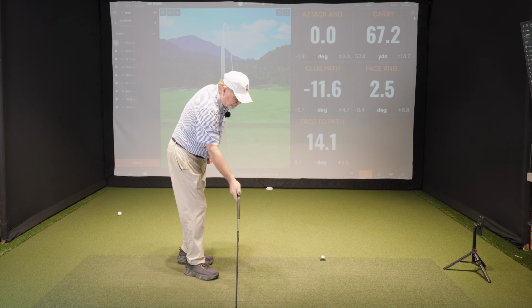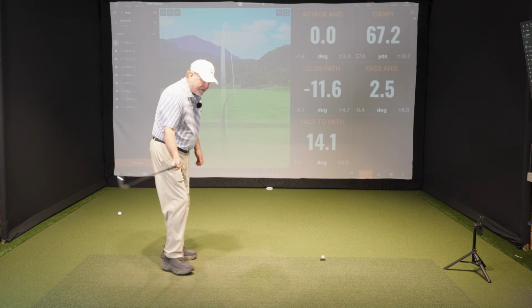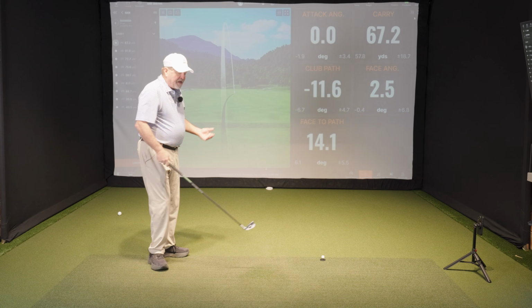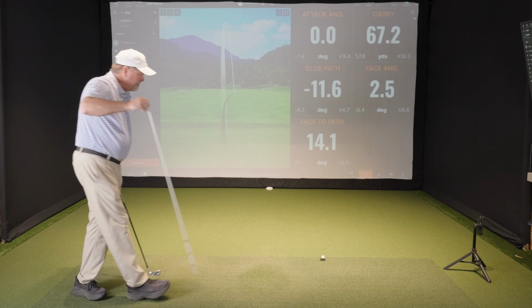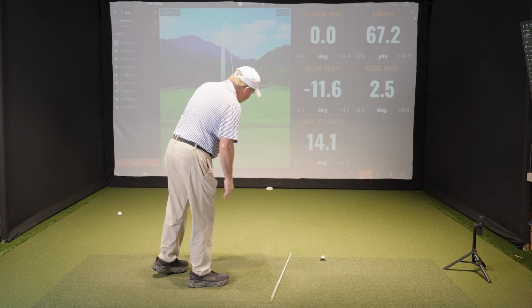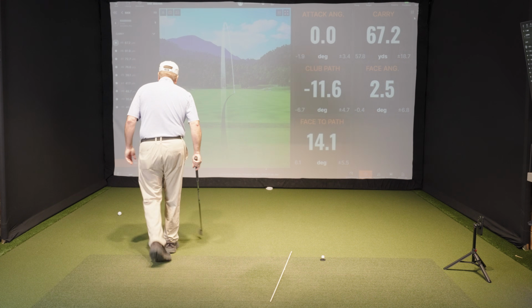In some of my other drills, I've put an alignment stick here and angled it on the ground if we're outside, and we can swing underneath that. Sometimes just as simple as having an alignment stick, and instead of pointing it straight at my target line, I can angle it more to the right.